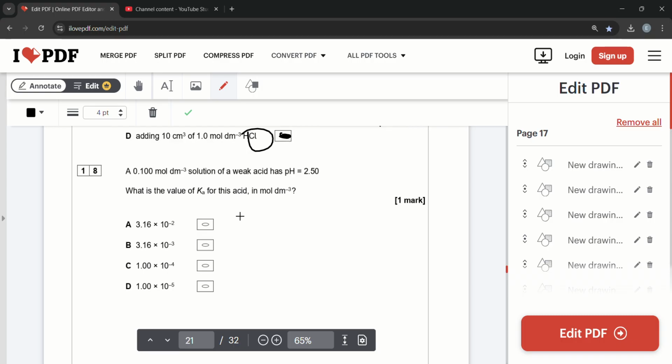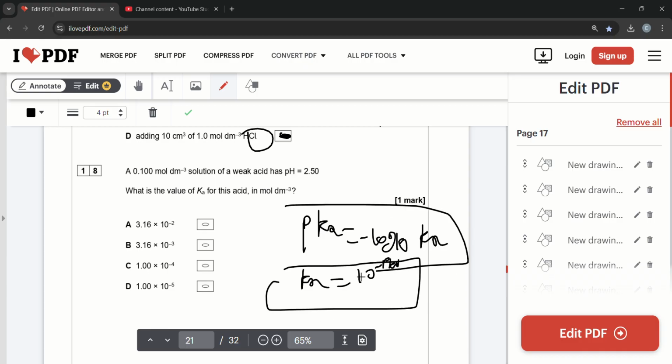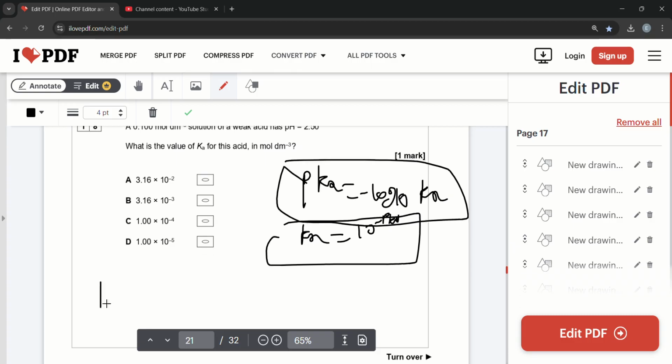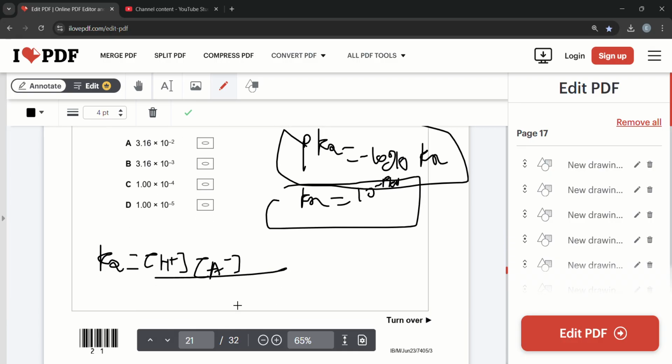What was the value of Ka for this acid? Well, there's a lot of equations in this case that we could possibly need, but in reality we don't need these I'm writing down right now. I'm just saying this is what my thought process was, maybe this is yours. Ka is equal to 10 to the power minus pKa, pKa is equal to minus log 10 of Ka. In reality we don't need any of those. You should know Ka is equal to H+ A- over HA.